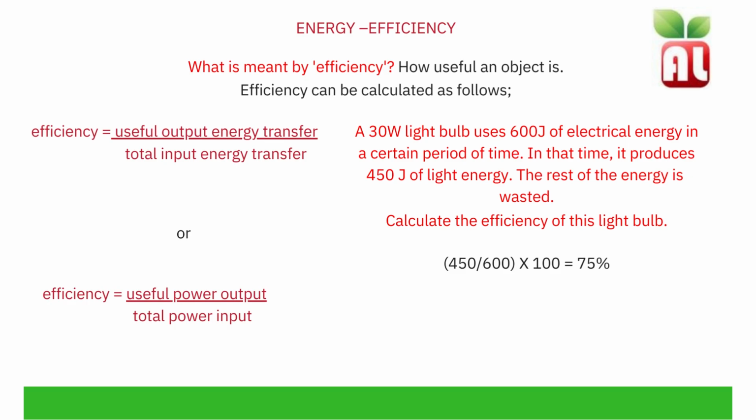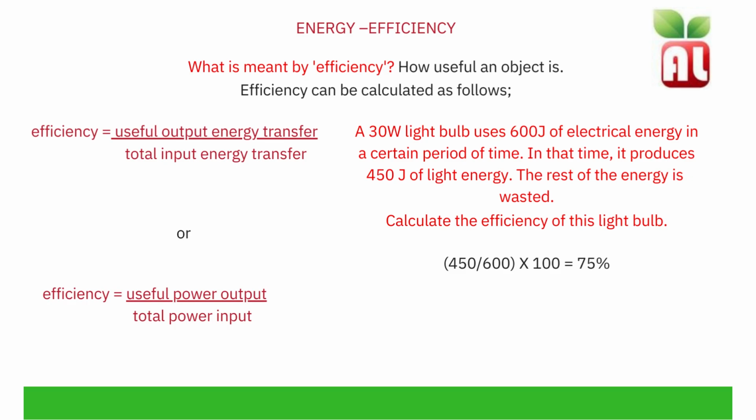The useful power output, or the useful energy transfer output, is 450 joules. Divide this by the total input energy, which is 600, and we get 0.75. Multiply this answer by 100 to get your answer as a percentage, in this case 75%.